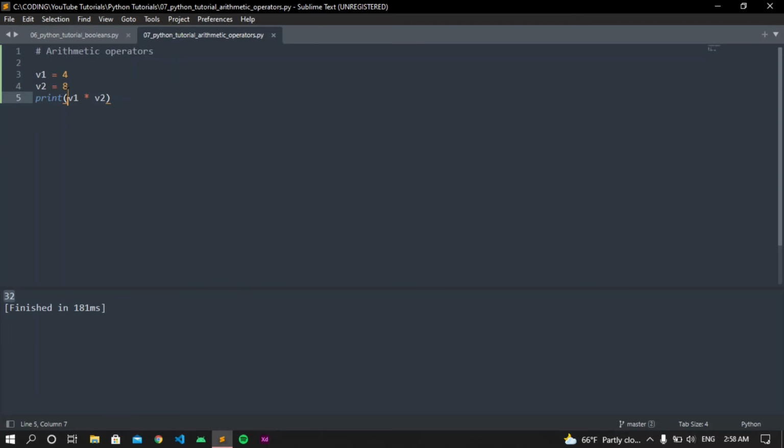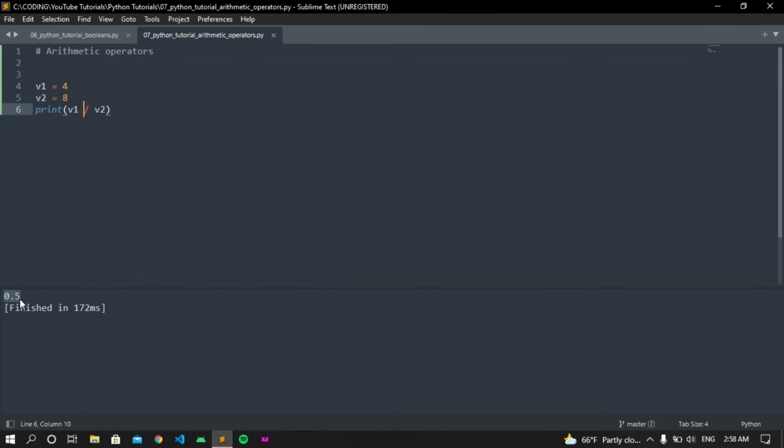The fourth operator we're going to discuss is the division operator, and we refer to that with a single slash. If I do v1 / v2, I'm saying v1 divided by v2. When I hit Control B, I get 0.5, a float.